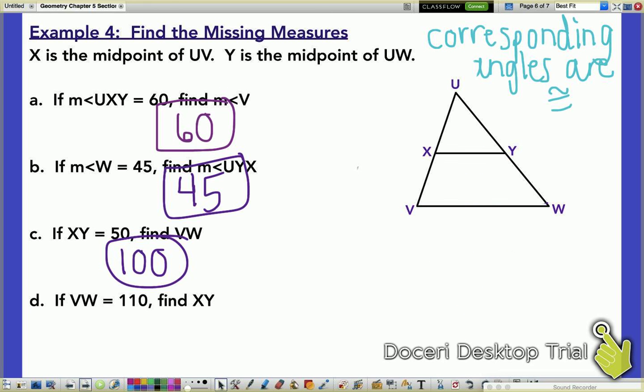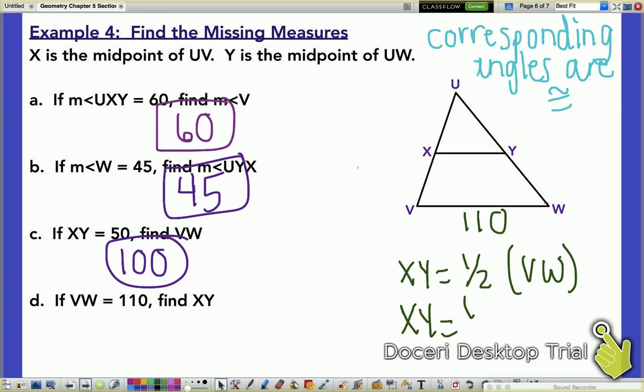They switch it up now. So if they say VW is 110, I know that XY is half. That looks like XYZ is half of VW.